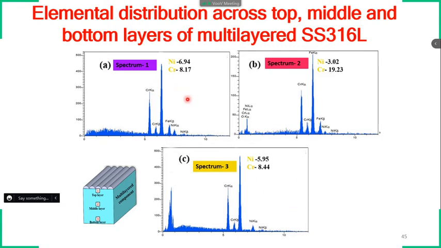I am talking about this because the chromium-nickel ratio determines how much ferrite is going to segregate in a particular zone. If the chromium-nickel ratio is very low, more austenite will be there in that area.